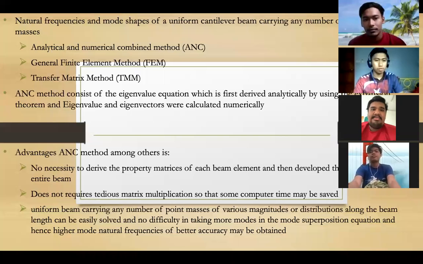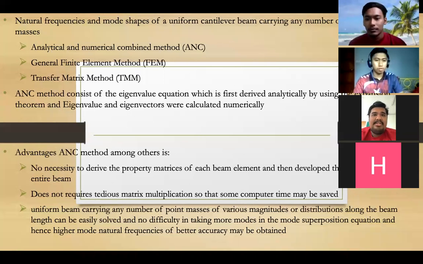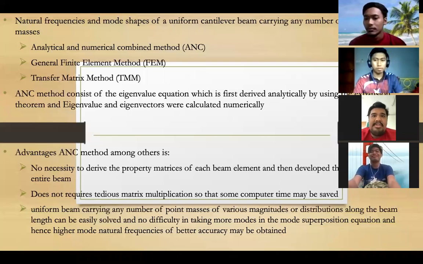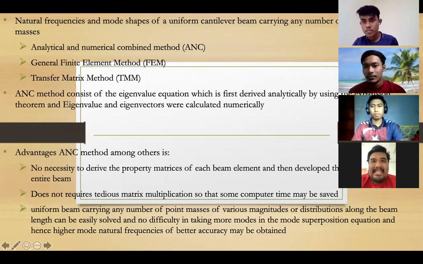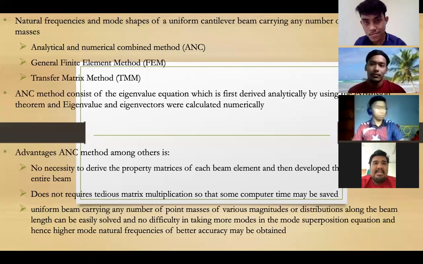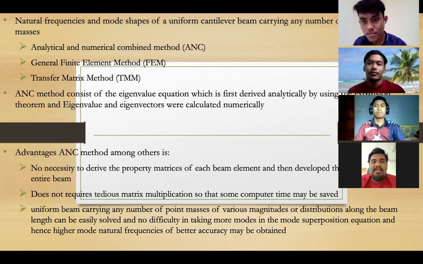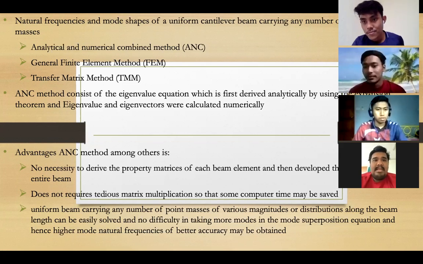For this project, we usually talk about the natural frequency of a uniform cantilever beam with any number of concentrated masses, which has several types of method: the analytical and numerical combined method (ANC), general finite element method (FEM), and transfer matrix method (TMM).